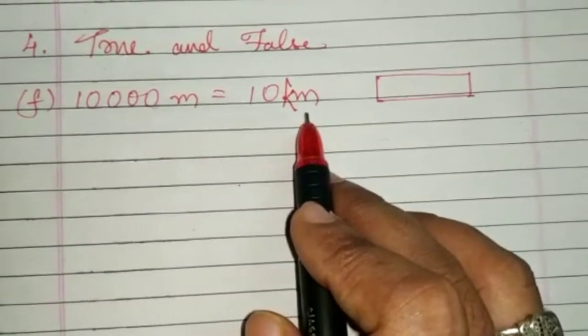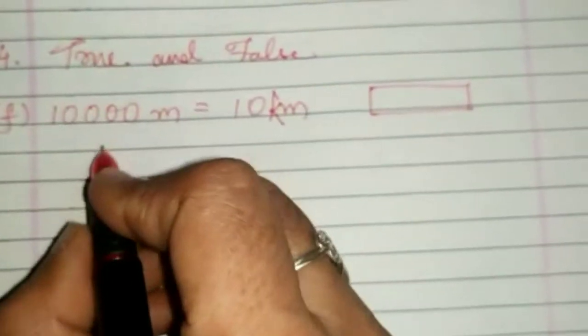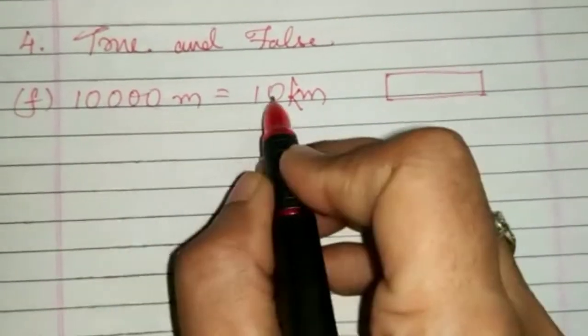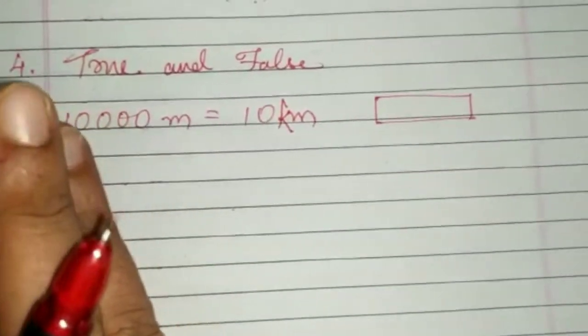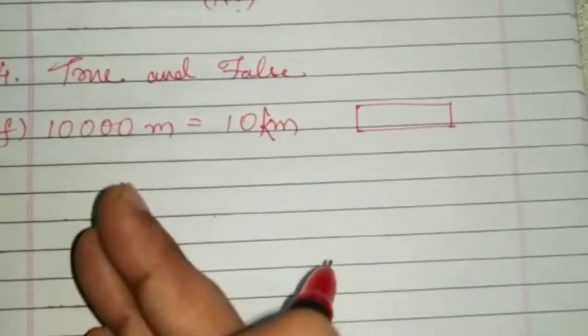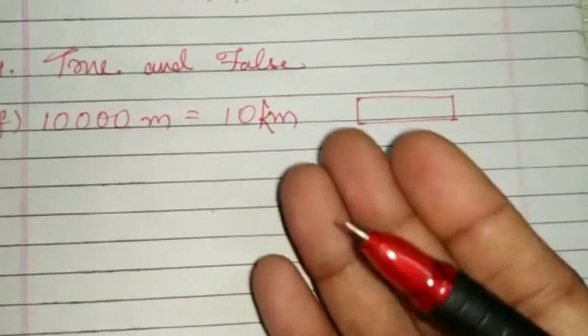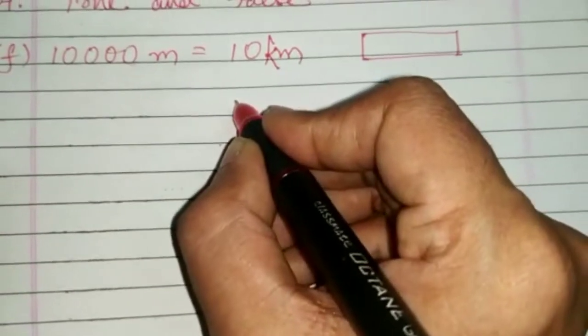Okay, so you have already learned converting bigger unit to smaller unit. Now what you will do, how to check this? If you are not able to do from left to right, right to left is also the same. So you can go for checking the right hand side of the equal to. Like 10 kilometer is how much?